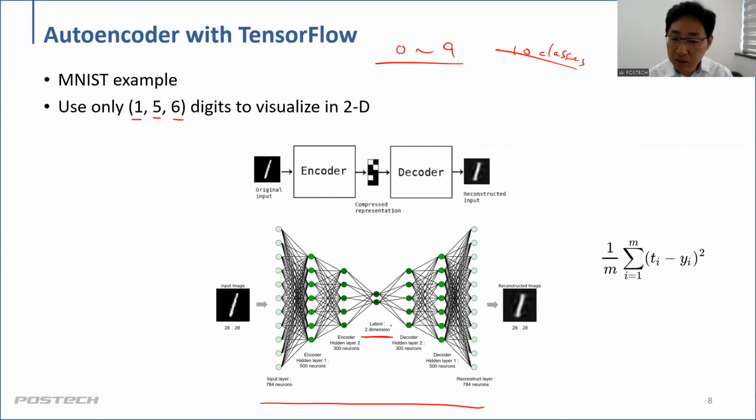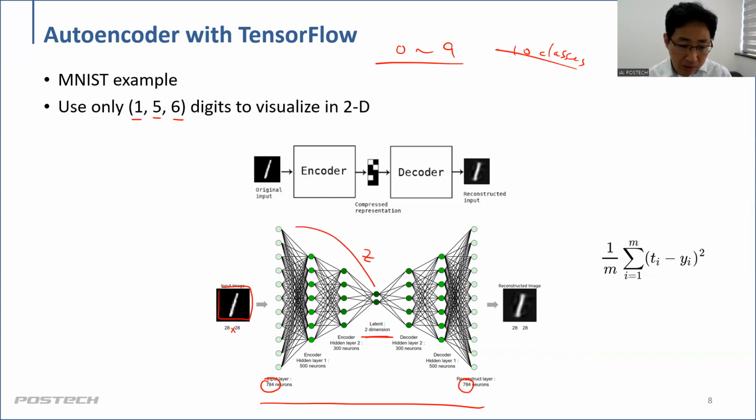Here I set the latent space to be 2-dimensional. The only reason is that I want to visualize the Z latent space later on. The input is 28 by 28, so the input size is 784. It's fixed, and the number of output neurons is the same.